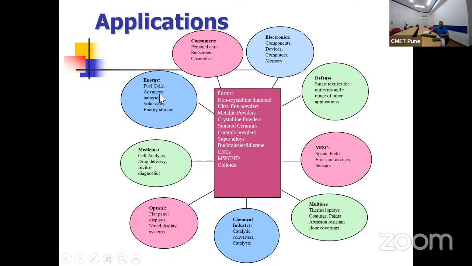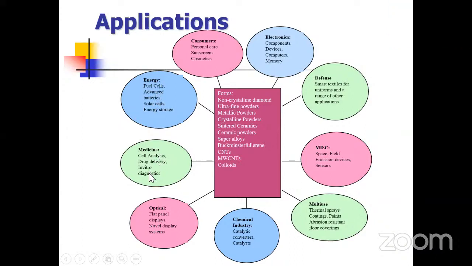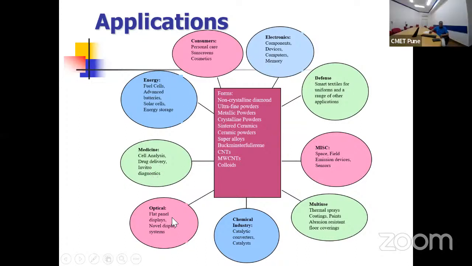In energy, fuel cells, now it's a very hot topic. Fuel cells, advanced batteries, solar cells, energy storage, everywhere these nanomaterials are used. In medicine, cell analysis, drug delivery, diagnostics, optical flat panel displays, TFTs, novel displays.